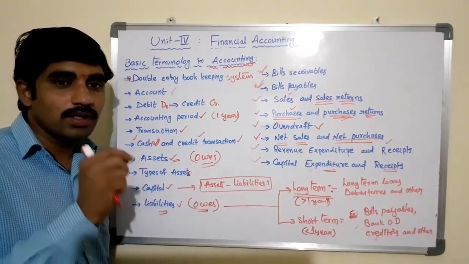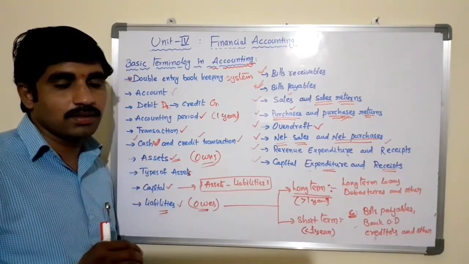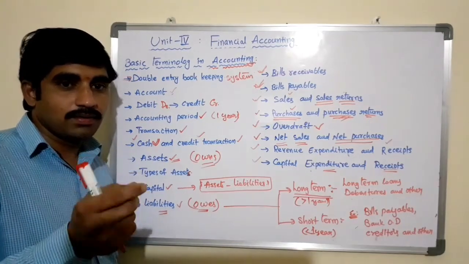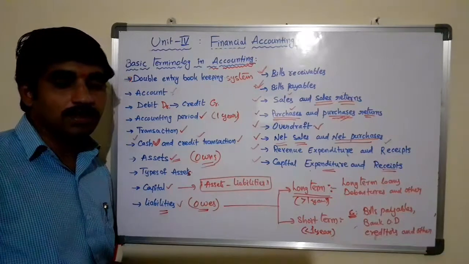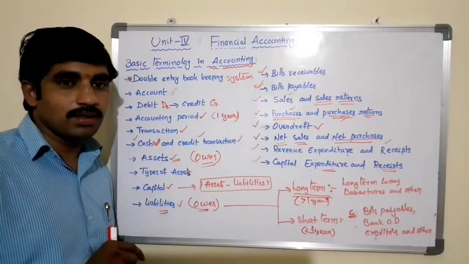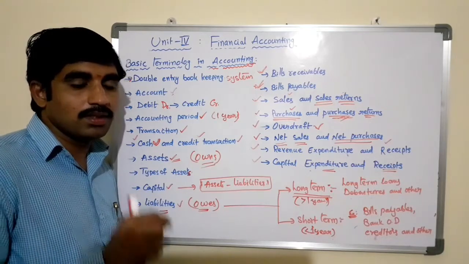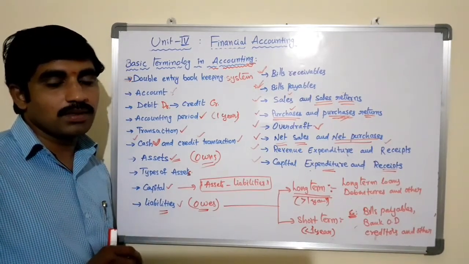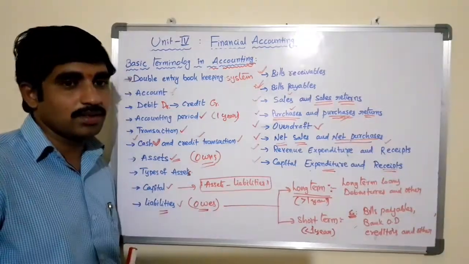Then we will sell the existing machinery in the market. The amount which we receive for this transaction is known as a capital receipt. So simply we can say the receipts from selling the fixed assets in the business are known as capital receipts.